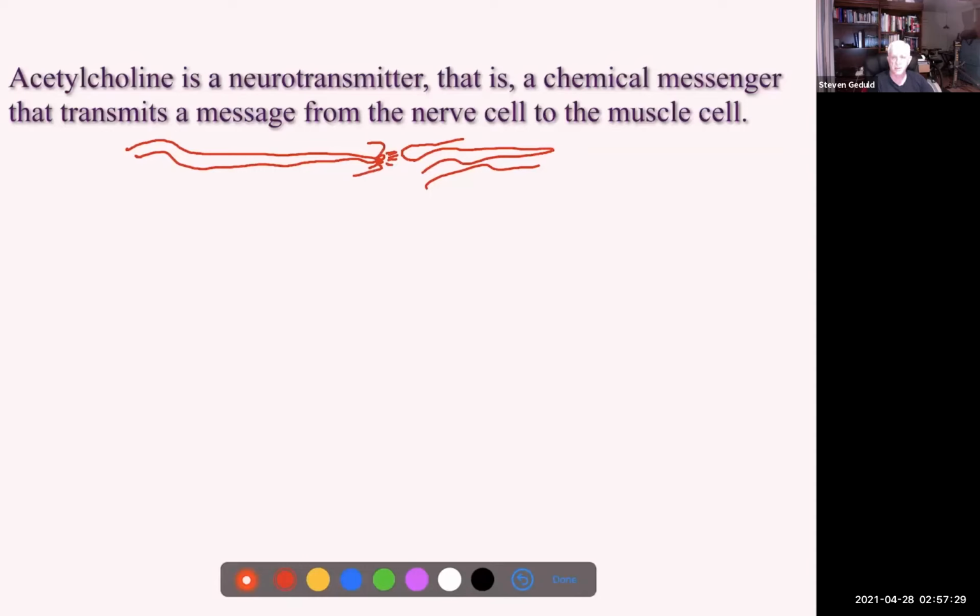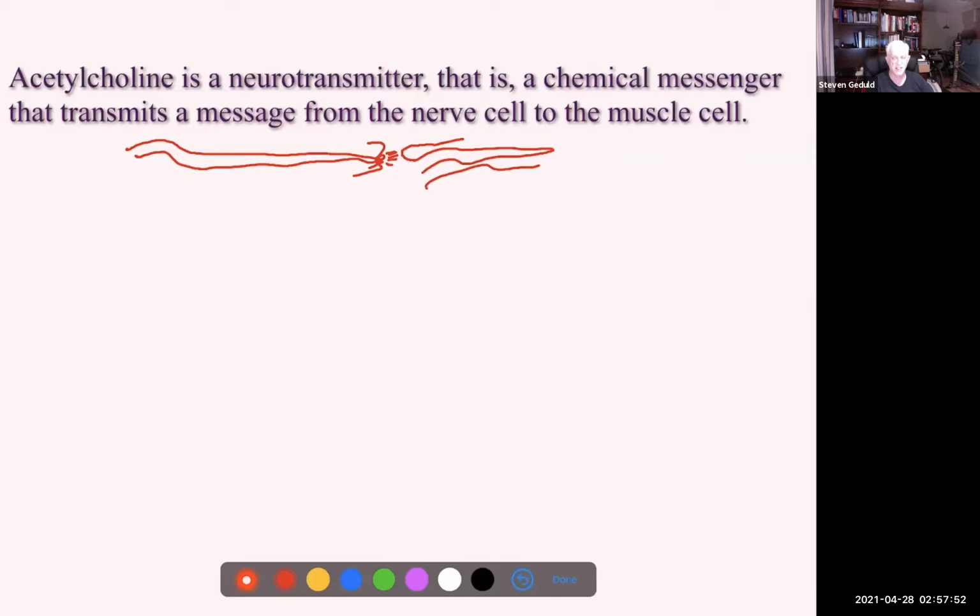Now think about it. Acetylcholine binds to receptors that cause the muscle to contract. Why would the muscle stop contracting? If acetylcholine is there, the muscle is going to contract. So you need something to get rid of the acetylcholine once the muscle contracts, because you don't want your muscles to contract and stay contracted. That's tetanus.